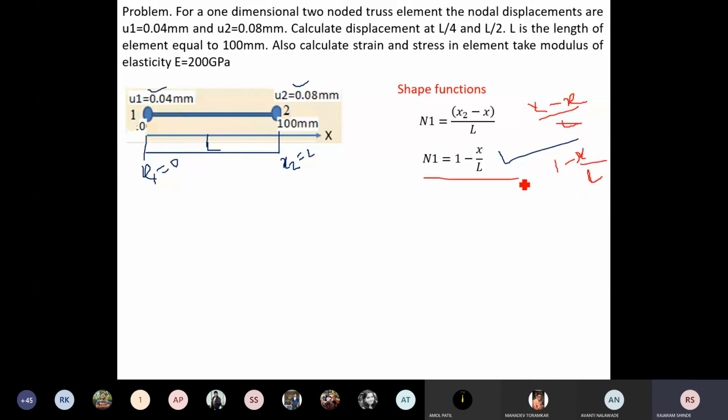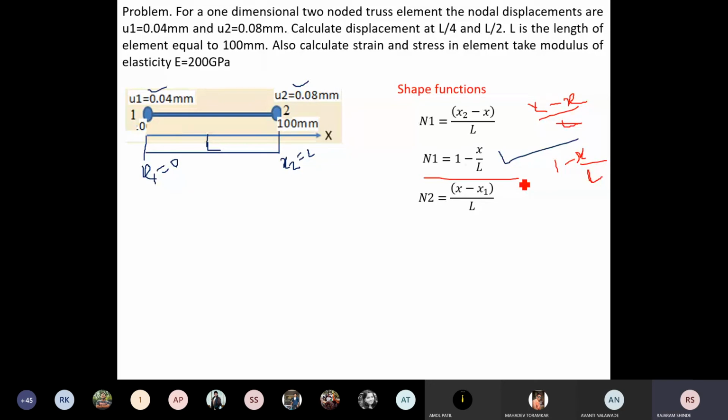Now can you tell me what is shape function n2? Can anyone? n2 is x minus x1 upon L. Now here x1 is 0, am I right?